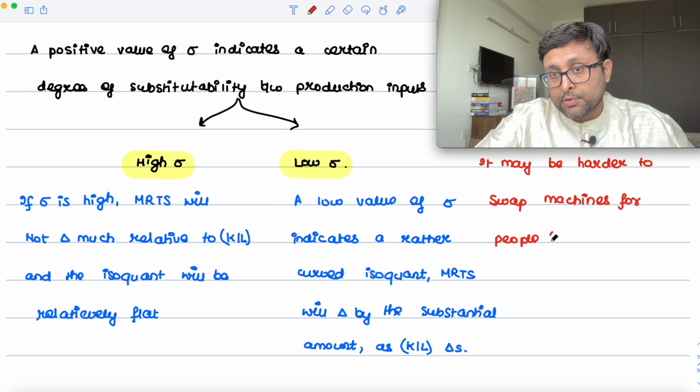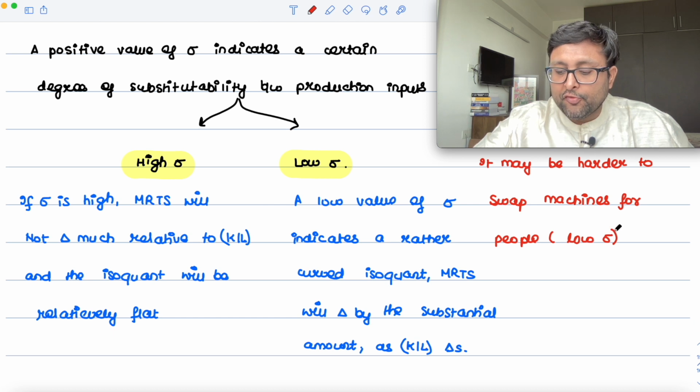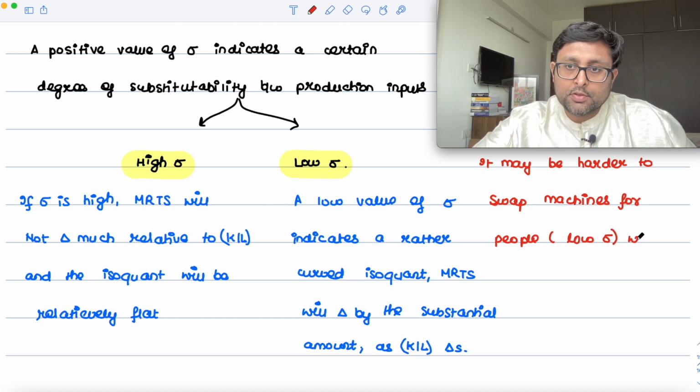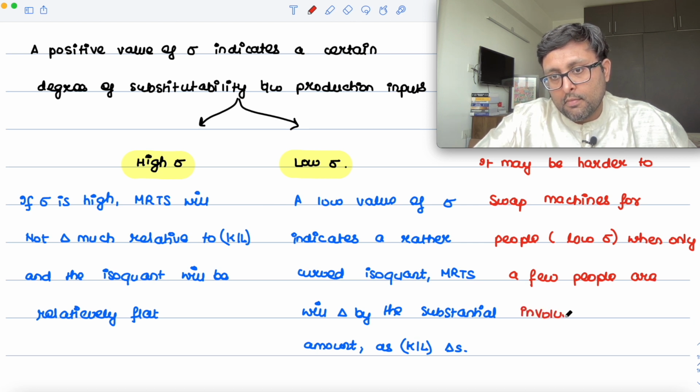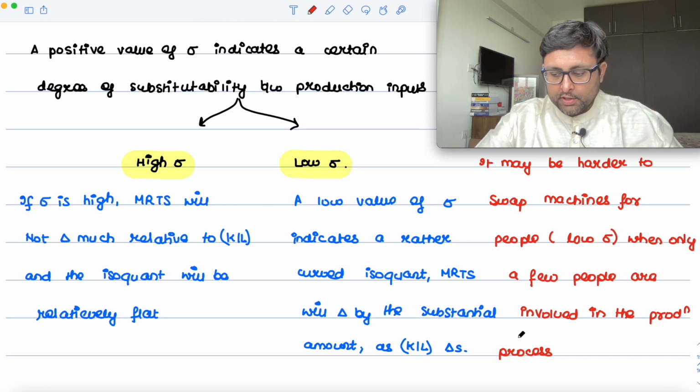It means substitutability is low, low sigma, when only a few people are involved in the production process.